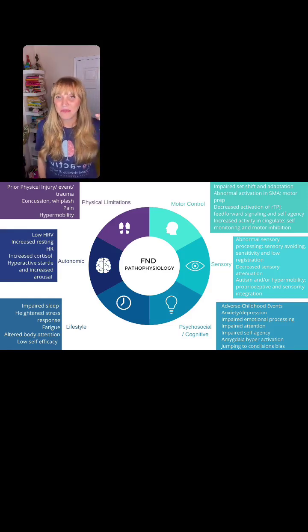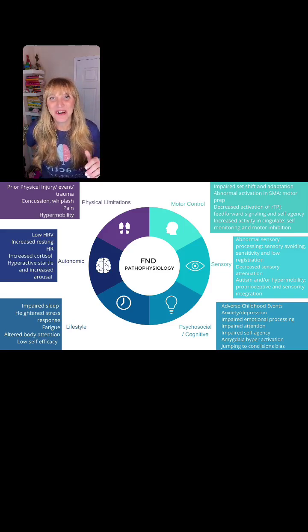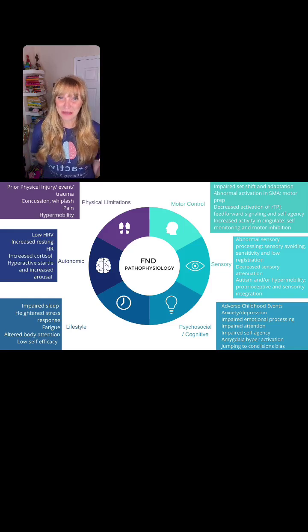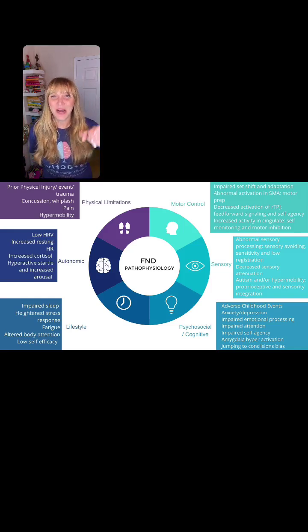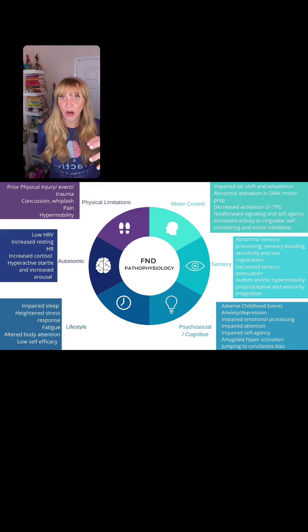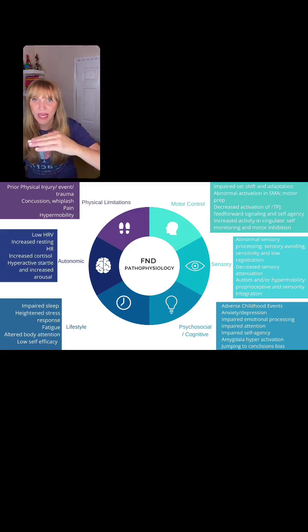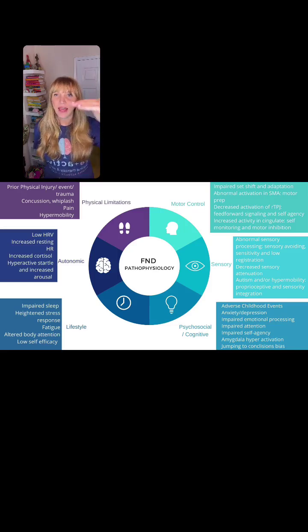So if we figure out one piece at one moment at a time, it can also shift. So let me introduce the pieces of the pie to you here. I'm going to start at the top. Motor controls at the top, the sensory system, psychosocial and cognitive components, lifestyle, autonomic, and physical limitations.